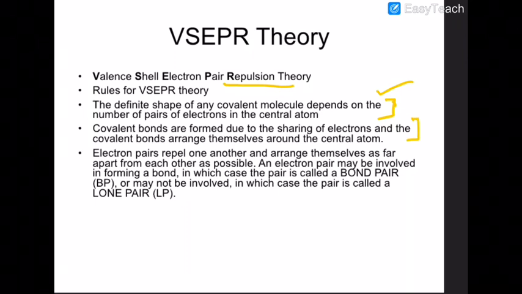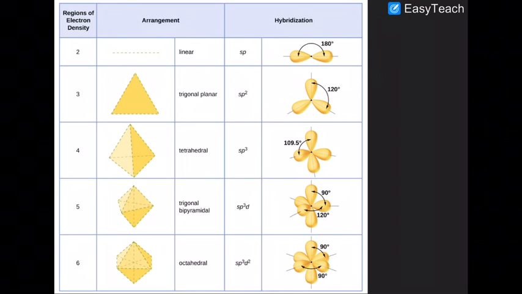The covalent bond is formed by the sharing of electrons, and we know that the electron pairs are of two types, bond pair and lone pair, with repulsions dominating over other electronic repulsions. Now, if all the pairs present are bond pairs, then it is a perfect trigonal planar geometry.